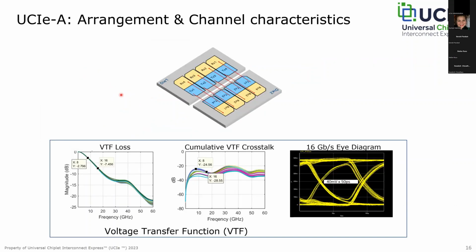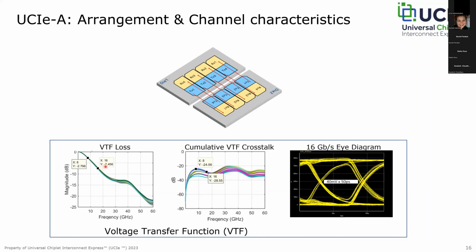So UCIe-A, quickly, the arrangement for this, we have transmitters closest to die edge with receivers stacked on top. The red arrows show essentially the connection there. And similarly, voltage transfer function, in this case, we're showing you a 16 gigatransfer diagram along with the mask in the specification. And you can see the insertion loss at 8 gigahertz Nyquist is about 2.8 dB.